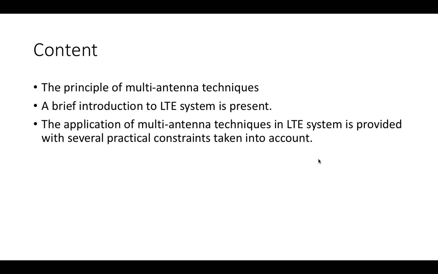The first one is the utilization of multi-antenna technology in the LTE system, and then the principle of multi-antenna technology is discussed in detail, and then a brief introduction to the LTE system is presented. Finally, the application of multi-antenna technology in the LTE system is provided with several practical constraints taken into consideration.